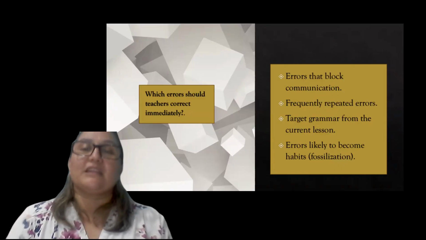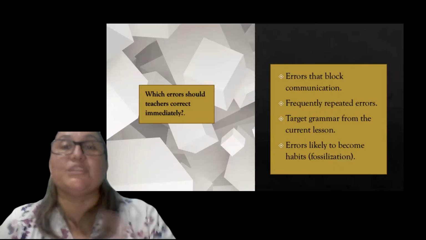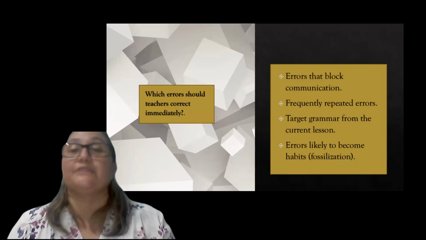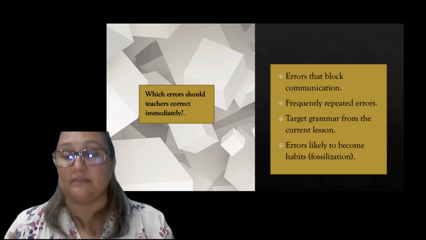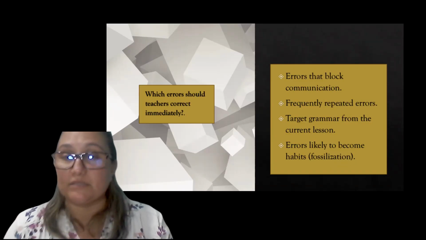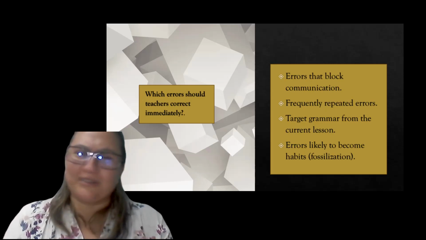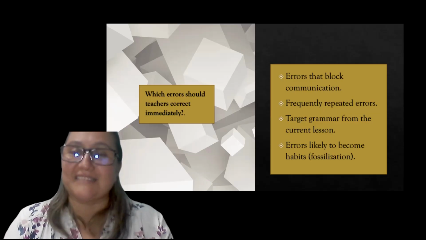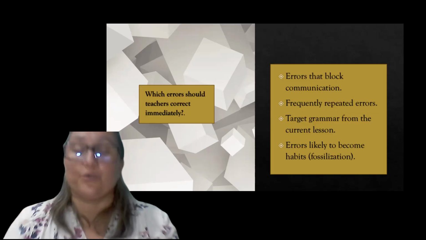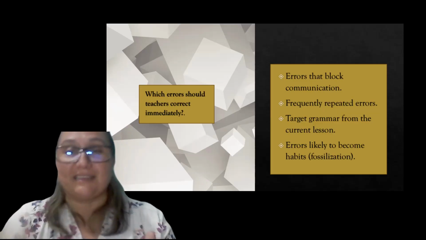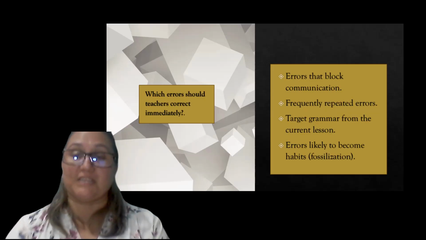For example, errors that block communication. The student is talking about something, but he can't continue because that word doesn't mean what he thinks, or they get stuck there. So we can correct, oh, you mean this? So he can continue the communication.